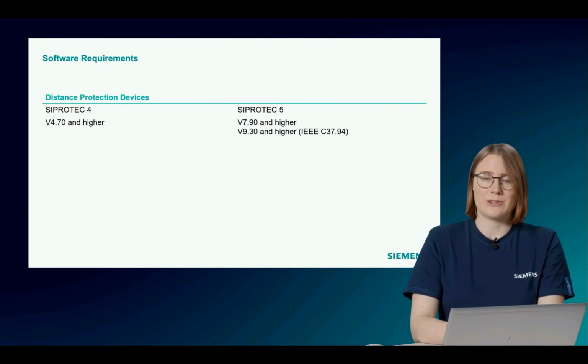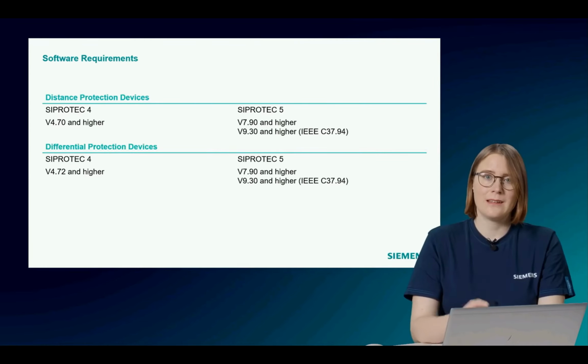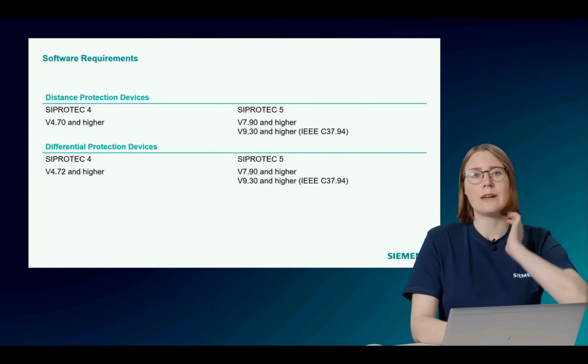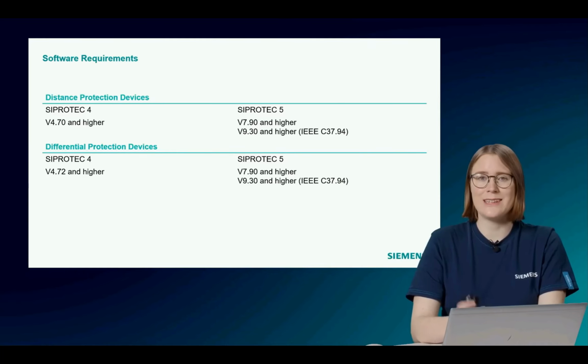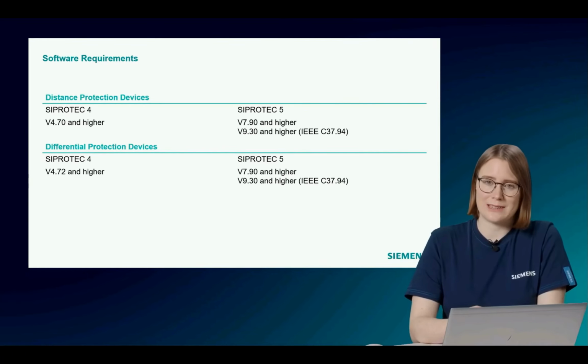A firmware version 9.30 is necessary for the IEEE C37.94 communication topology. For line differential protection application, you need at least firmware version 4.72 on the SIPROTEC 4 side, and again a firmware 7.90 or higher on the SIPROTEC 5 side, or 9.30 for the C37.94.